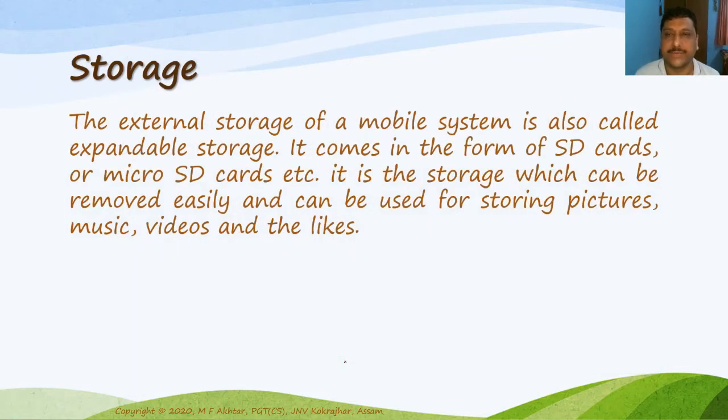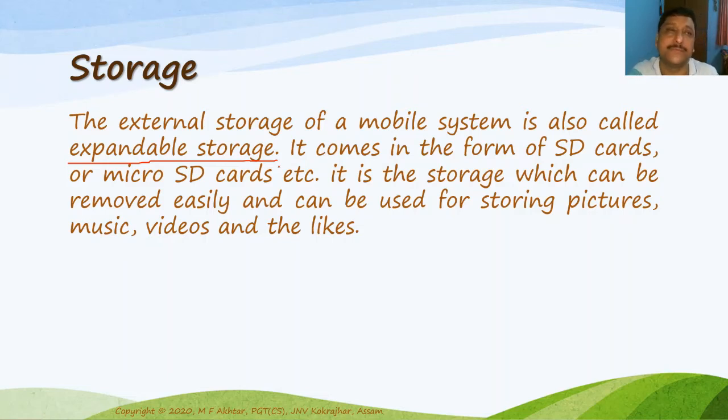Now storage means the secondary storage, the external storage memory. For example, we can attach SD cards, memory cards. Those are known as the storage system of the mobile system. The external storage of a mobile system is also called expandable storage. When you see the specification of a mobile system, you can see the expandable storage, meaning how much it can be expanded.